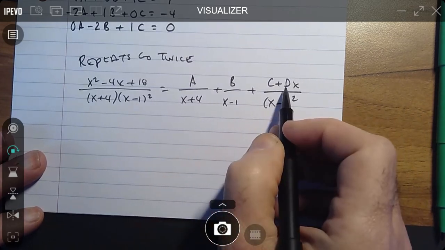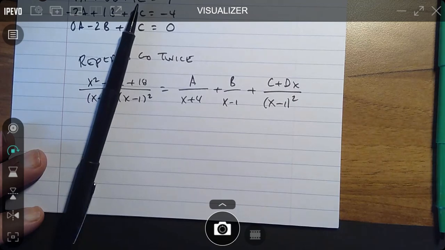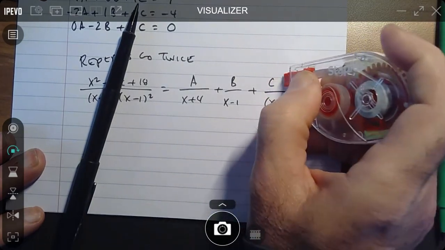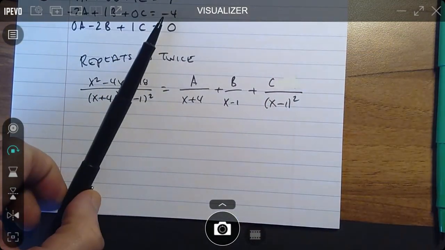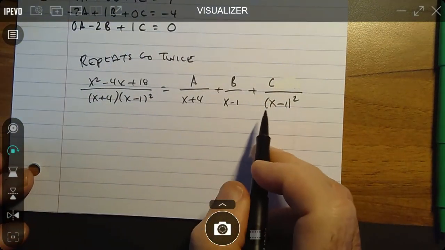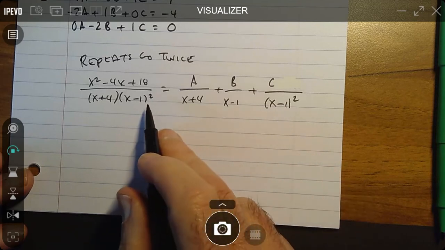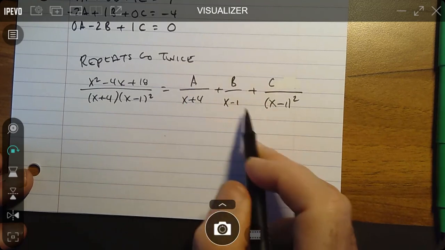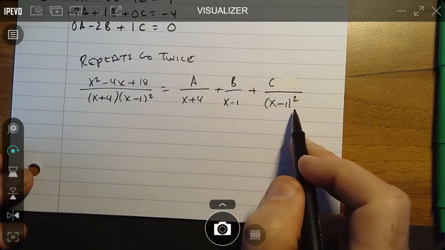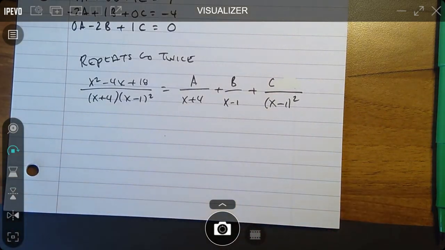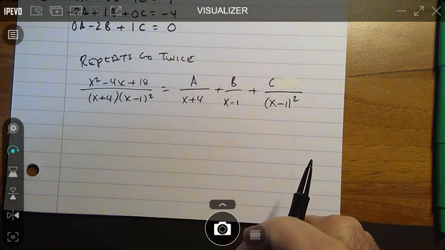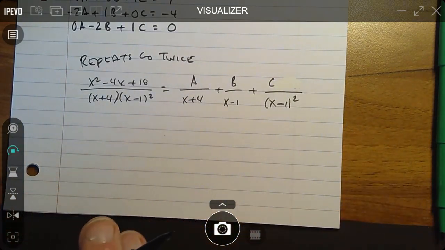Actually, the dx isn't needed. Because it's repeated linear, the d will be 0. So if you've got a repeat here, you just tack it on one more time. So a over x plus 4, b over x minus 1, c over x minus 1 quantity squared. And then we're back in the same game again. Multiply out, set the coefficients equal.